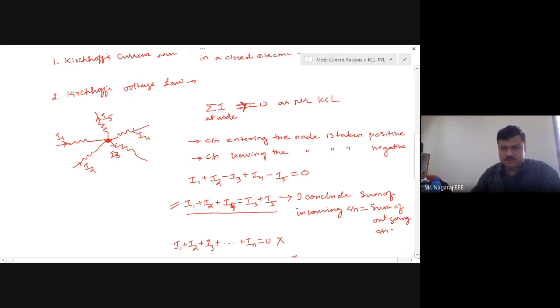So we also got to know that at any node in a circuit, there should be at least one incoming current and at least one outgoing current, with any number of branches present in that particular circuit.